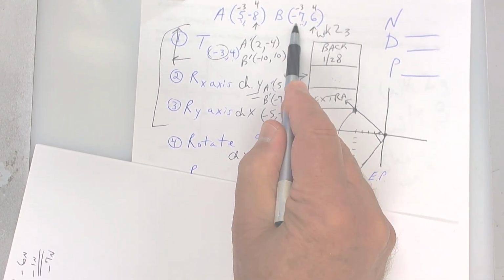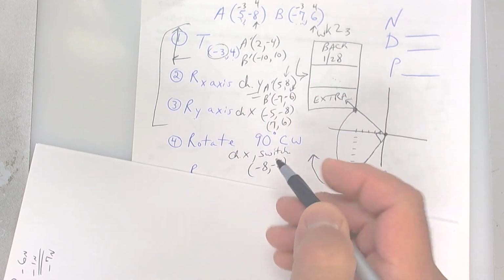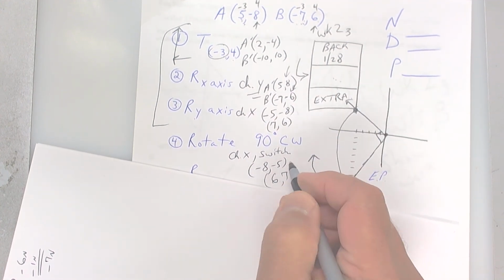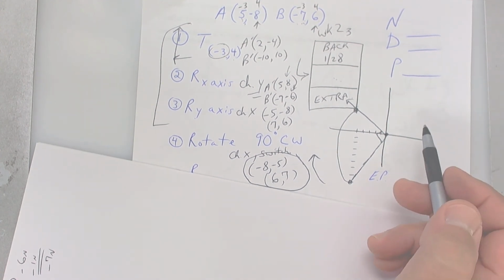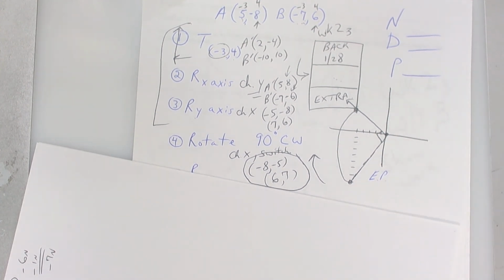And then this one, I'm going to change the x as 7 and switch. So that's going to be 6 and 7. These are the answers. Okay? So look at it. Let me make sure that's the rule. Change that and switch. Yep, change the x and switch is correct.